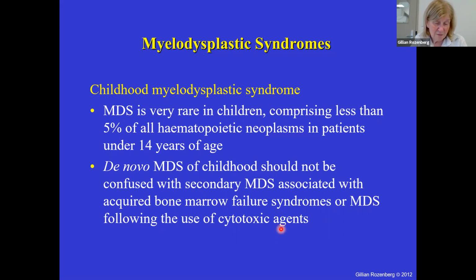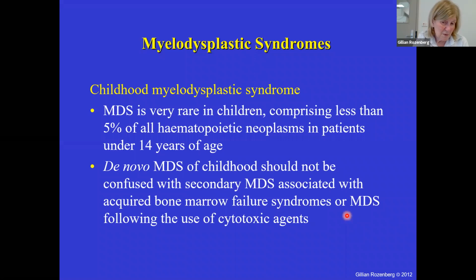So patients, both adults and children, especially children who are being treated with cytotoxic agents, for example, children with acute lymphoblastic leukemia, of which we get a lot of those cases at the Sydney Children's Hospital, are treated with methotrexate, which is the cytotoxic agent, which actually leads to, after multiple doses of methotrexate, dysplastic changes in the peripheral blood and the bone marrow.